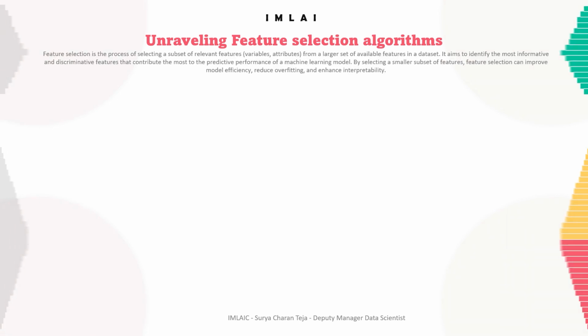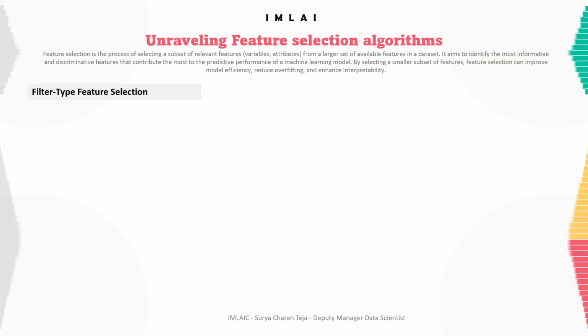Let's look into the first type of feature selection algorithms, which is filter type feature selection. Filter type feature selection algorithms assess the relevance of features based on their individual characteristics, independent of any specific machine learning algorithm. These algorithms evaluate each feature individually and assign a score or rank to measure its importance.